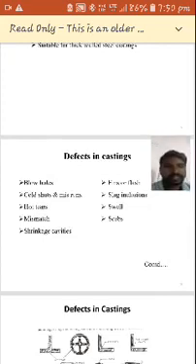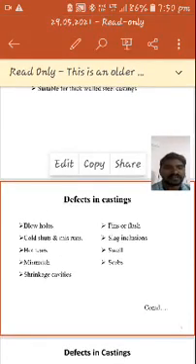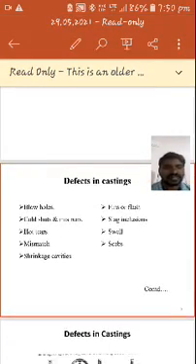The fifth is shrinkage cavities, and next is fins or flash. Next is slag inclusions, and swells and scabs. These are the defects that arise in castings.